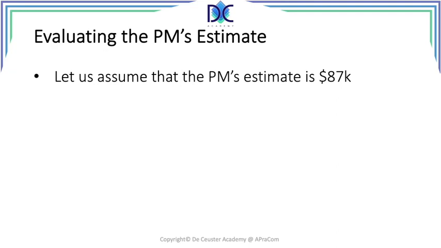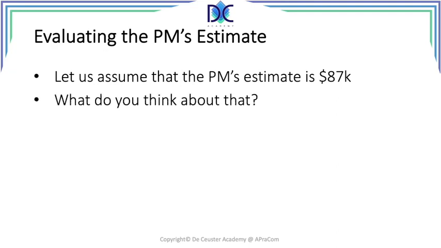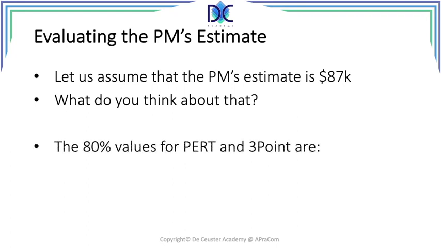Now, is this a good value? What do you think about that? Well, when we look at the values that we calculated, we see that this is clearly between the optimistic and the pessimistic value. When we look at the estimates at 80%, the estimate at completion for PERT with a probability of 80% is 88.7K. So we're at 87K.